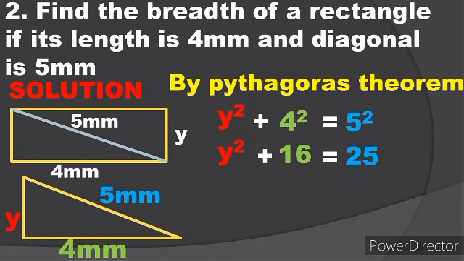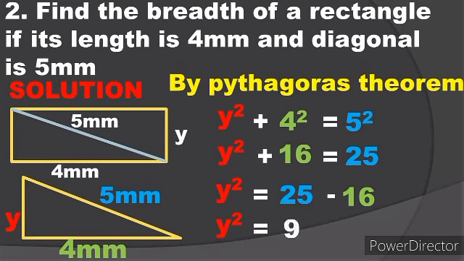So my 16 will move across the equals to, and when it's moving, remember that I told you that anytime you are moving a term across the equals to, the sign changes. So my positive sign is going to change to negative, which gives me y squared equals 25 minus 16. So y squared is equal to 25 minus 16 gives you 9.